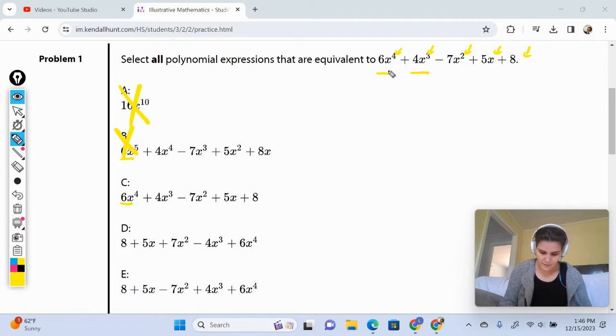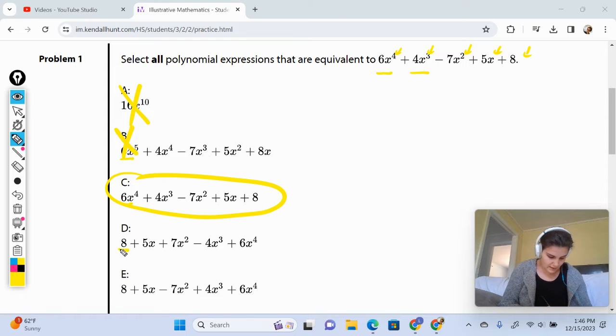6x to the 4th matches our 6x to the 4th. 4x to the 3rd matches, negative 7x squared, 5x, and 8. This one's exactly the same, so yes, they are equivalent. Now for this one, the 8 matches the 8. The 5x is positive 5x.